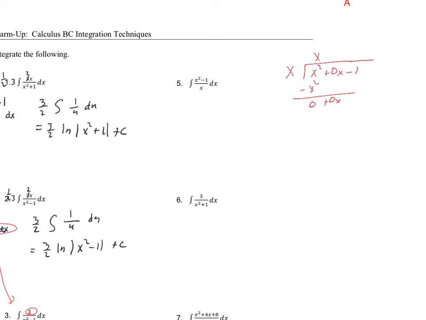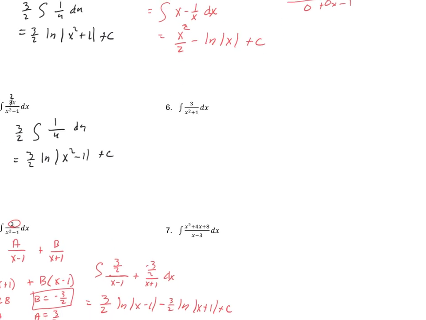Right, so then it's going to be a 0, bring down the minus 1, so then that's just a minus 1 over x. Remember how to write your fractions for long division. So that means this integral is equivalent to x minus 1 over x dx. So then I've got x squared over 2 minus the natural log of the absolute value of x plus c. Again, this is all because just one term or one part of a term is different.